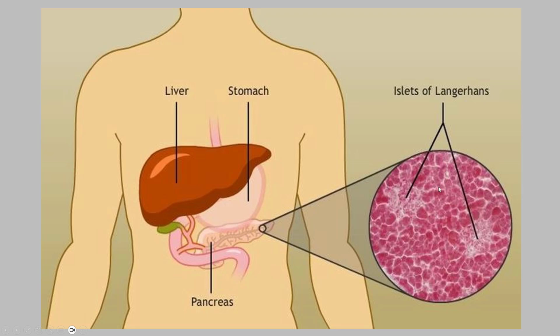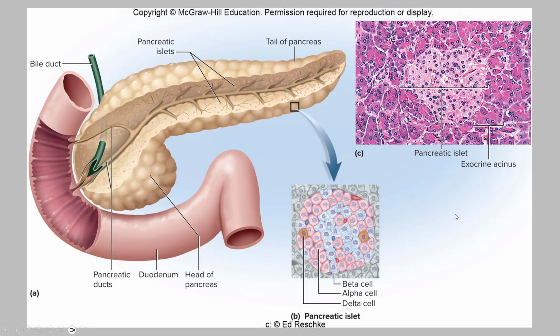Now, what we see over here on the right is a microscopic image of a part of the pancreas. Most of it is dark. Some of it has these little light staining areas. I'm going to go to another image that shows the difference in the dark and the light a little bit clearer. Again, here's the pancreas.